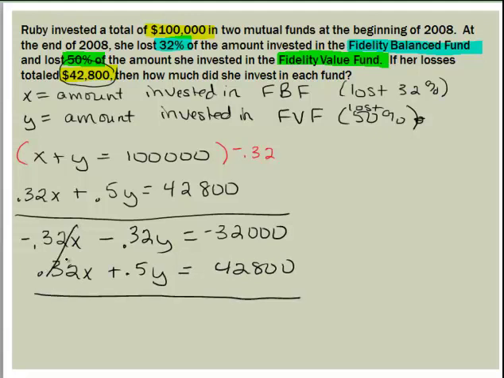And now we add them together. So negative 0.32 plus 0.5 is going to be 0.18. And negative 32,000 plus 42,800 is going to be 10,800. Divide both sides by 0.18 and you get $60,000.